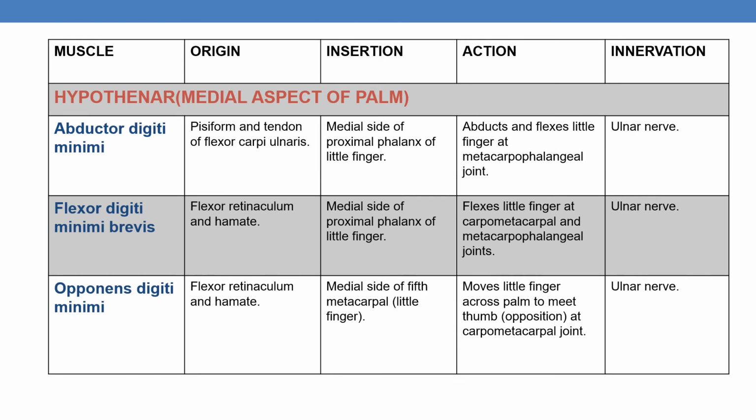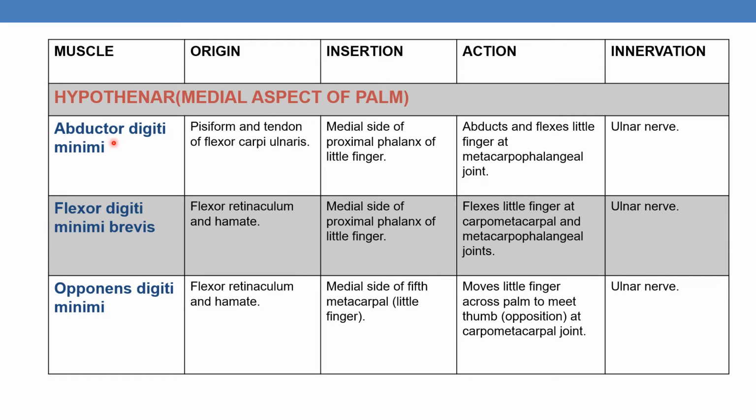Now coming to the next subcategory, hypothenar, which deals with the medial aspect of palm. There are three hypothenar muscles: abductor digiti minimi, flexor digiti minimi brevis, opponens digiti minimi. Digiti means related to digits. Abductor means it abducts. Minimi means it's the smallest.